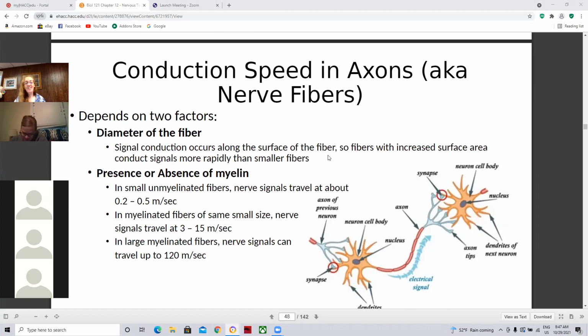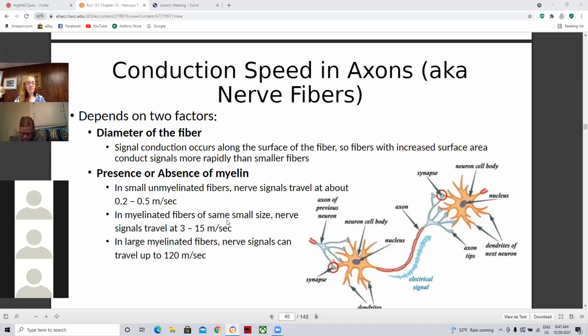So nerve conduction in the axons depends on two factors: the diameter of the fiber. The more surface area the fiber has, the faster the conduction is. And whether there's myelin or not. In small unmyelinated fibers, the nerve signals travel at about 0.2 to 0.5 meters per second.